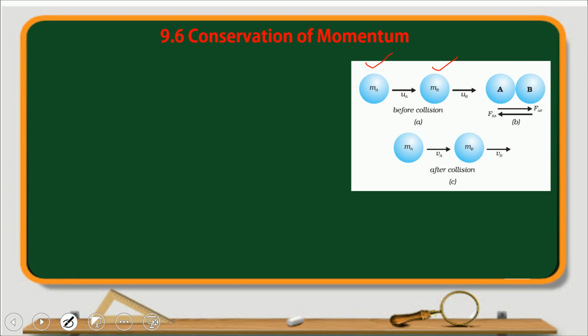Marble A, having mass MA, has an initial velocity UA. Marble B, having mass MB, has an initial velocity UB.